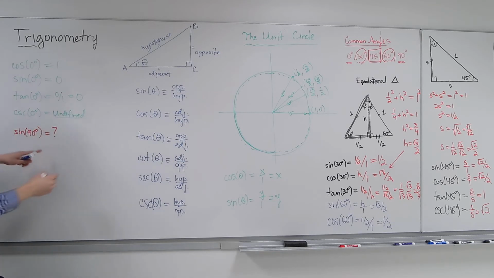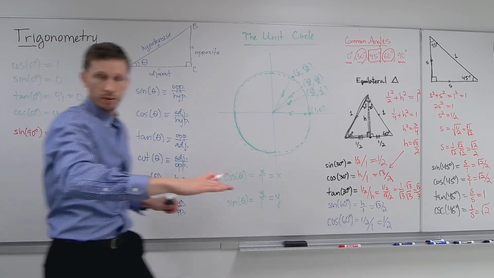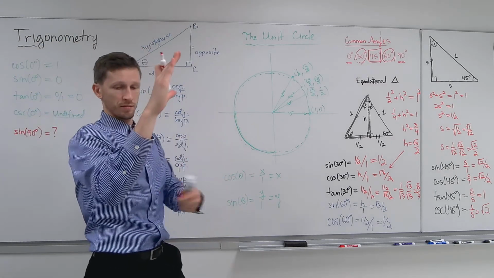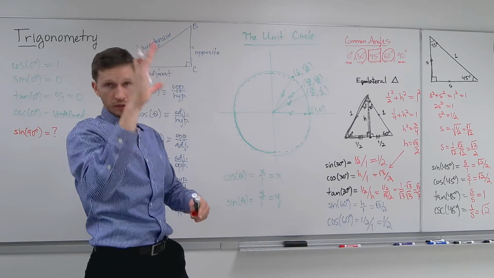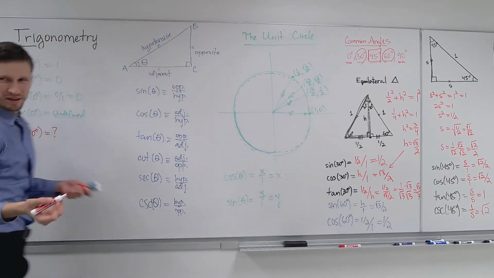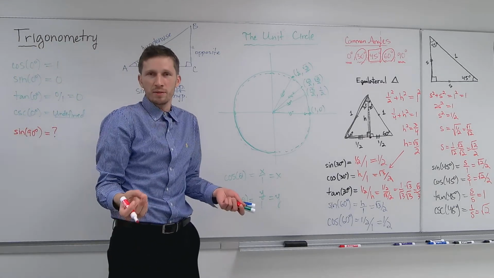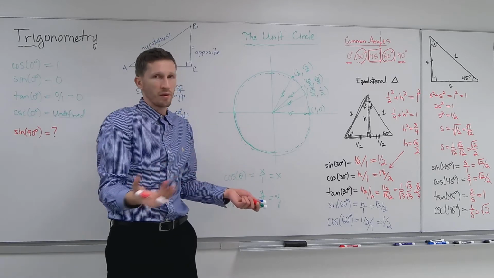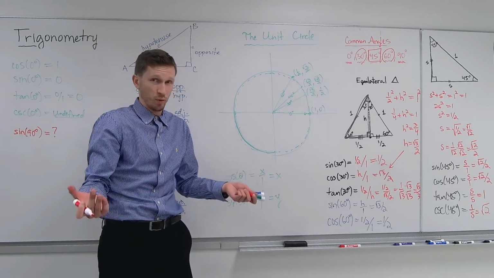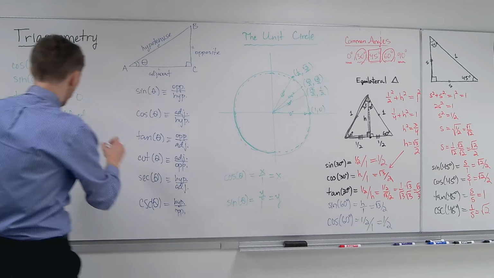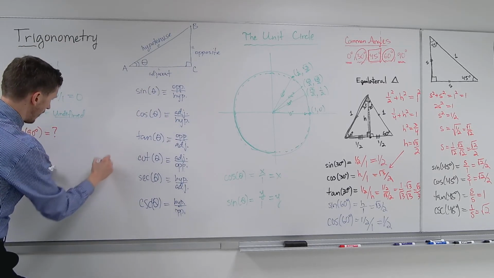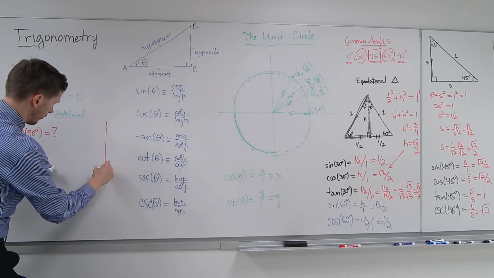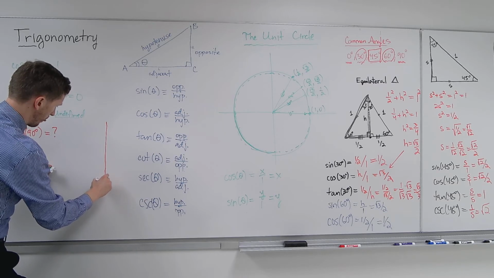What I can do is say, I have a triangle, and one of the angles is almost 90 degrees. In a right triangle, if one angle is 90, all the other ones will be less than 90. The sum is going to be 180. You need 3 angles. So I have a 90-degree angle here, that's the right triangle.